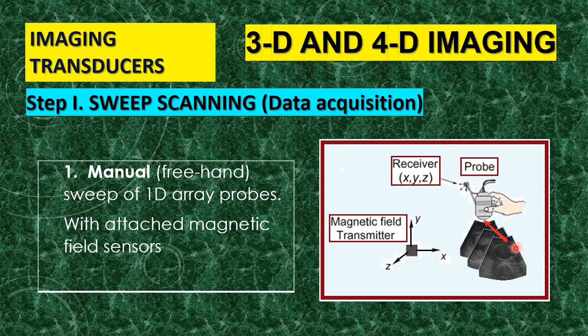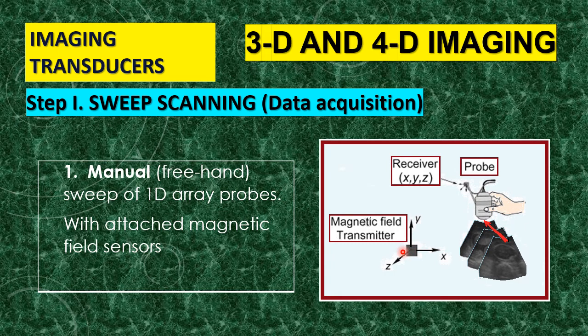How will the machine recognize where the probe is? Because it needs to get these cuts and put them together to form the image. How does the machine recognize this plane or this plane to put them together? Because on the probe there is a clip attachment that has a receiver, and next to the probe there is a source that is transmitting a magnetic field.